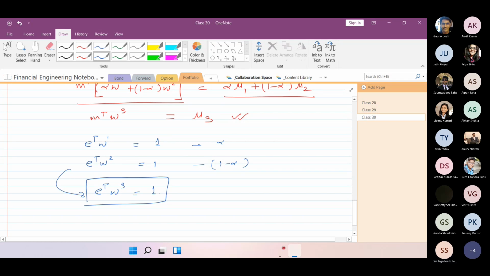Yes, sir. So that boils down to a particular thing: if we have two solutions, then I can get any other one.